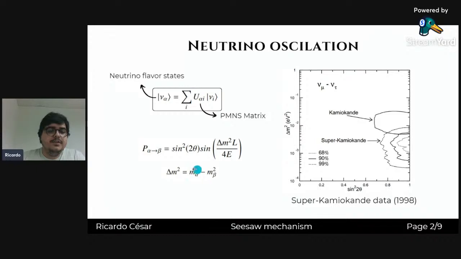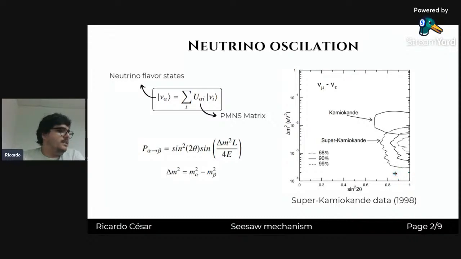Okay, so this is the mass splitting, and you have here some data of the discovery of the Super Kamiokande, one of the detections of the neutrinos. In this case, it is the mu neutrino transforming to the tau neutrino, and as you can see, you have a non-zero mass splitting here around 10 to the minus 2 or 10 to the minus 3, and you have a sine of theta which is approximately 1 or 0.8, so it's not zero.